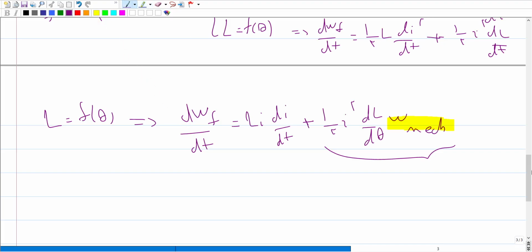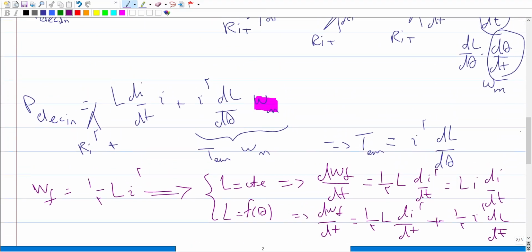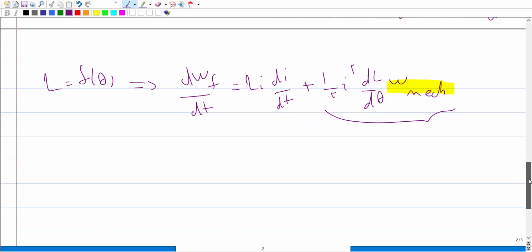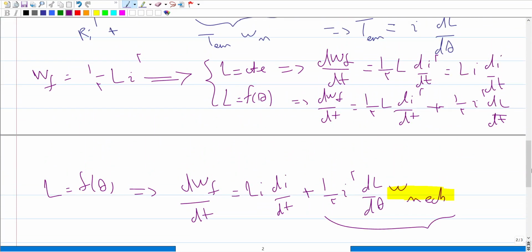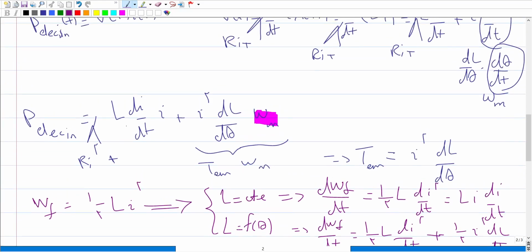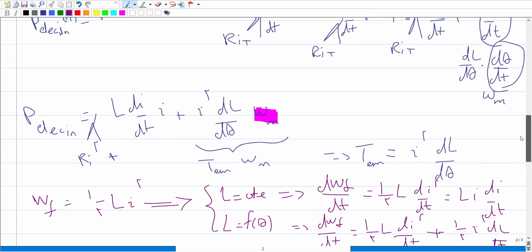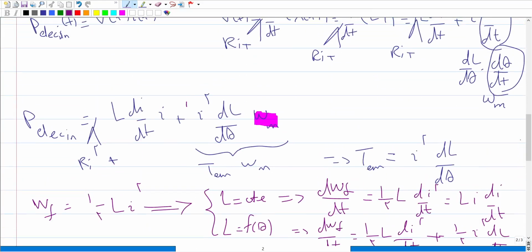So for this simple example, P electrical input is R i² plus the share of dW_f/dt, which is L i di/dt plus 1/2 i² dL/dθ. So half of this third term is not assigned to mechanical power.